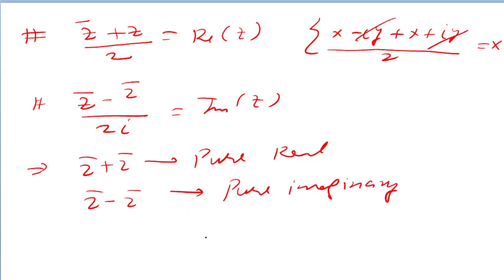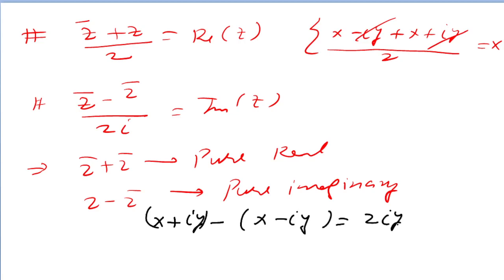So z minus z bar: x plus iy minus x minus iy, obviously they cancel and we get 2iy, which is a pure imaginary number.